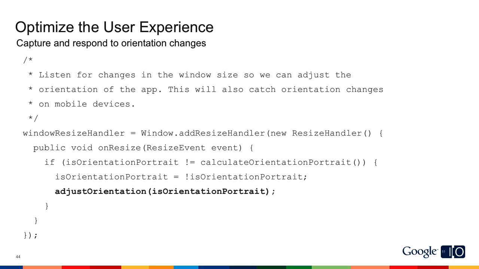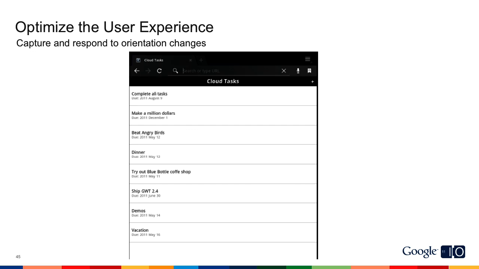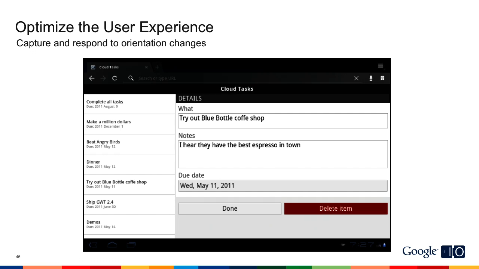But the net is, inside of this code, you'd simply maybe hide a widget, right? So you might, when you go from landscape to portrait, hide the left-hand side, hide the content, right? And show just the list. And then vice versa, when you go from portrait to landscape, you would show the content and then maybe minimize the width of the list to adjust to the screen real estate.